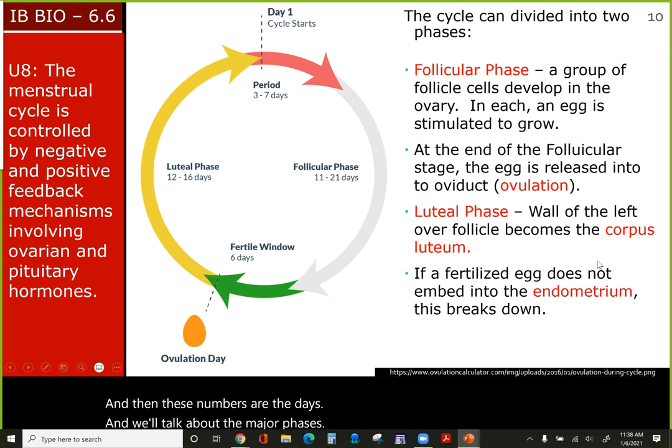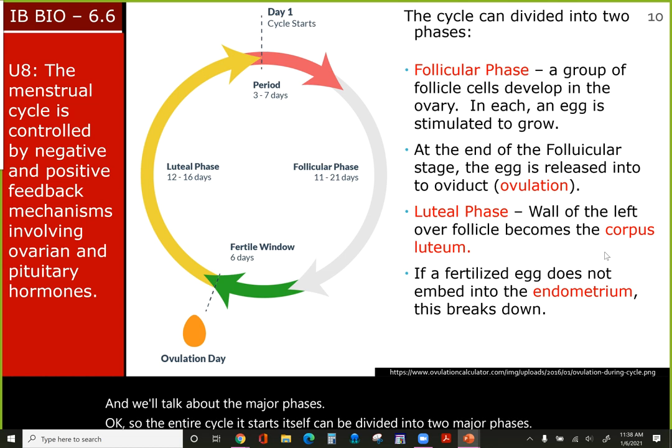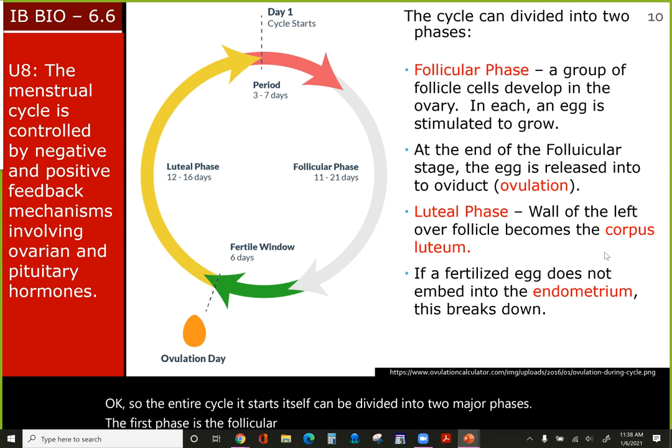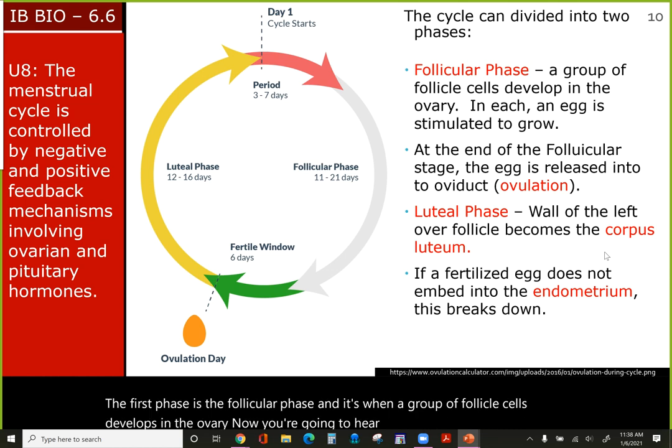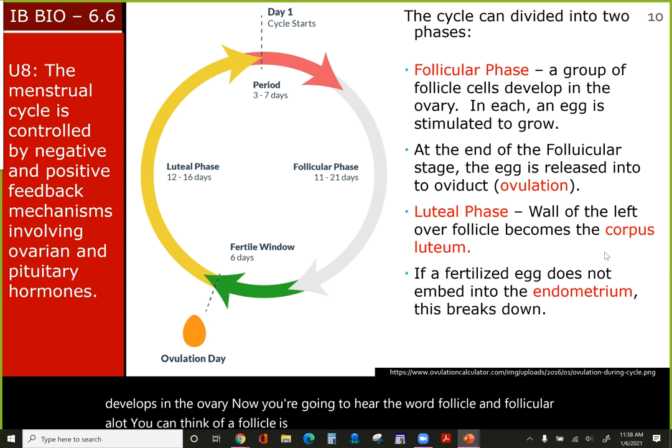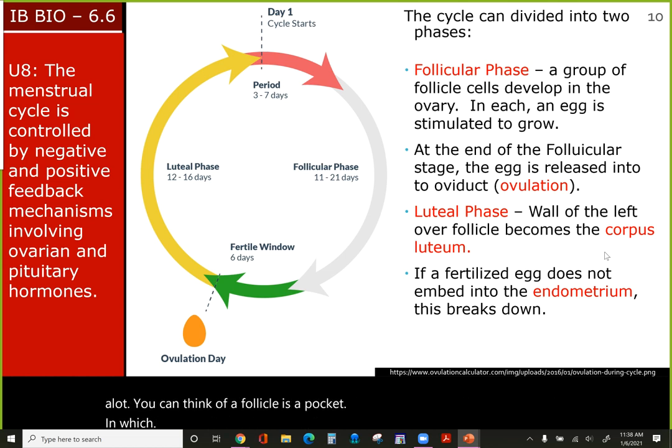Okay, so the entire cycle itself can be divided into 2 major phases. The first phase is the follicular phase, and it's when a group of follicle cells develops in the ovary. Now you're going to hear the word follicle and follicular a lot. You can think of a follicle as a pocket in which the egg develops.